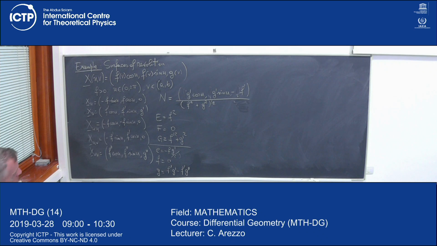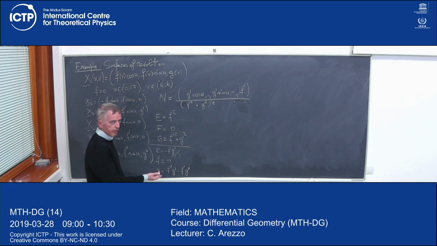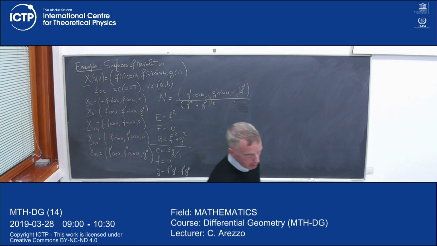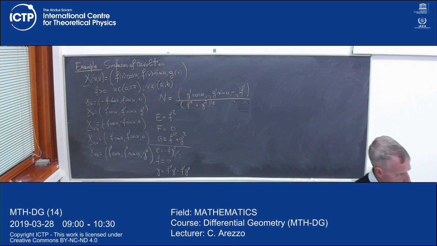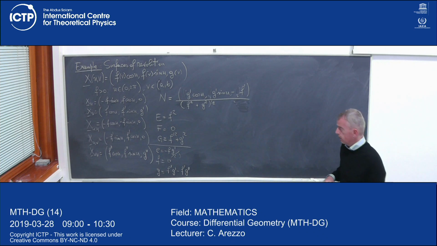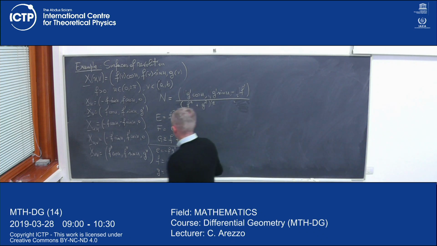Out of this, of course, you can write down immediately Gauss curvature, mean curvature, right, immediately. It's a long formula, but you have everything now on the blackboard. So you can write K, H, K1, K2. Because remember that once you know K and H, you have the formula for K1.